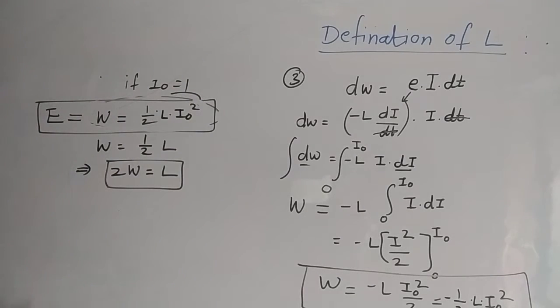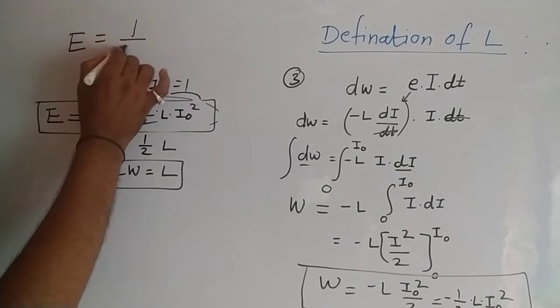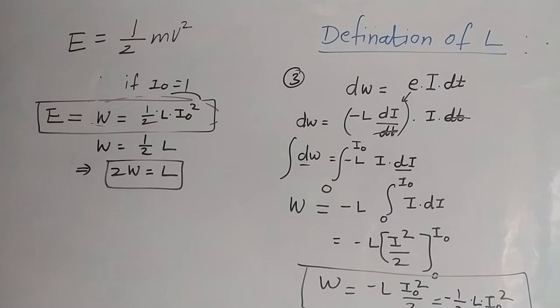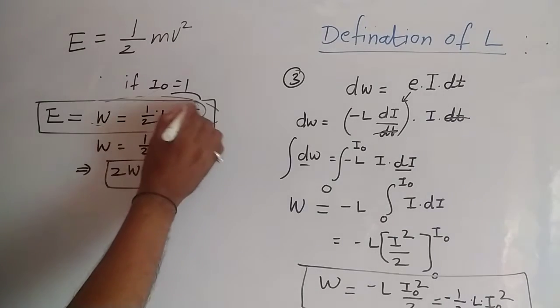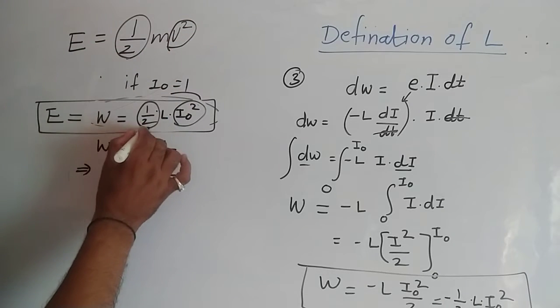This is the energy, but we know in general the kinetic energy can be written as 1 by 2 m into v square. Here it is current square, there it is velocity square. 1 by 2 is there, here also the 1 by 2.